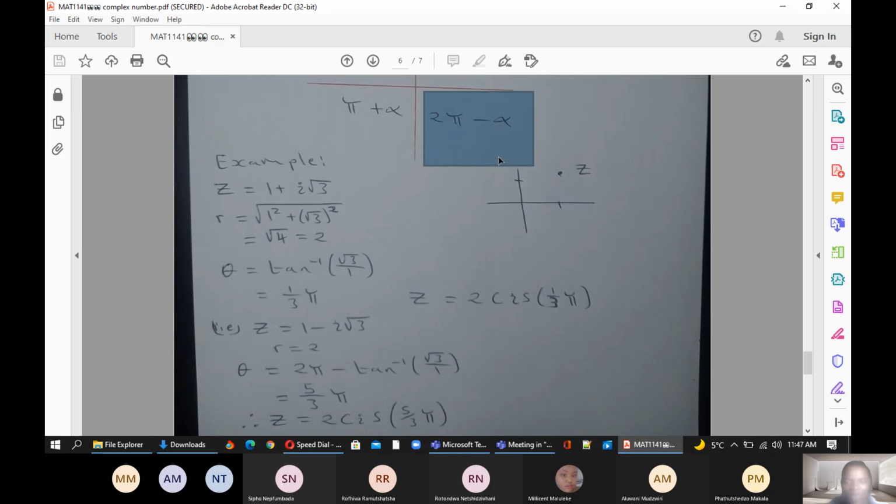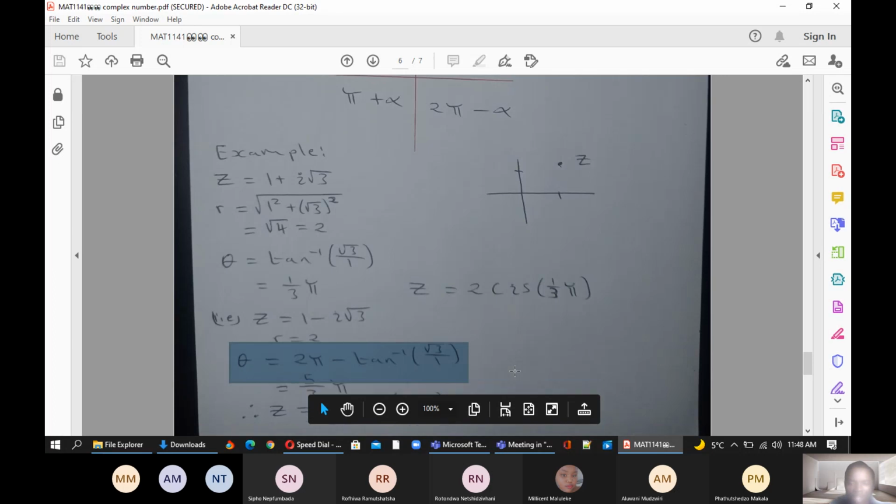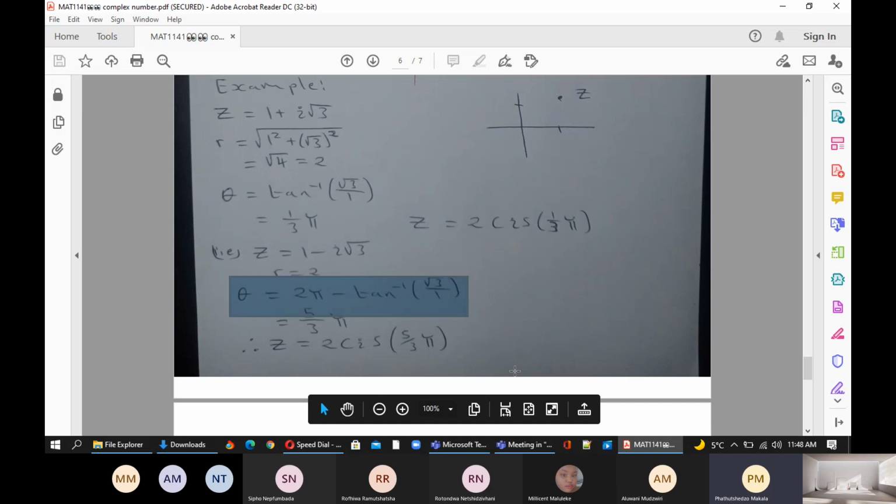So here you are going to substitute. Our theta is equal to 2 pi minus alpha, which is tan inverse of b over a. Therefore, you press your calculator, which will be in radians.